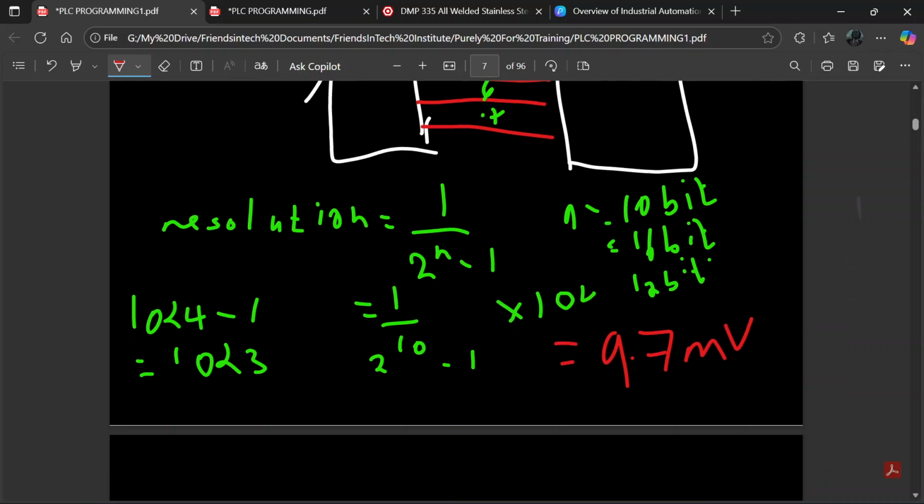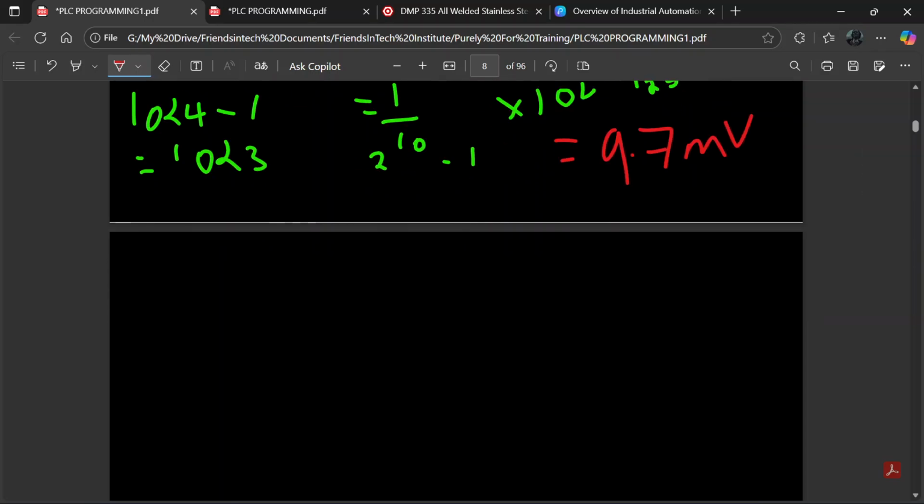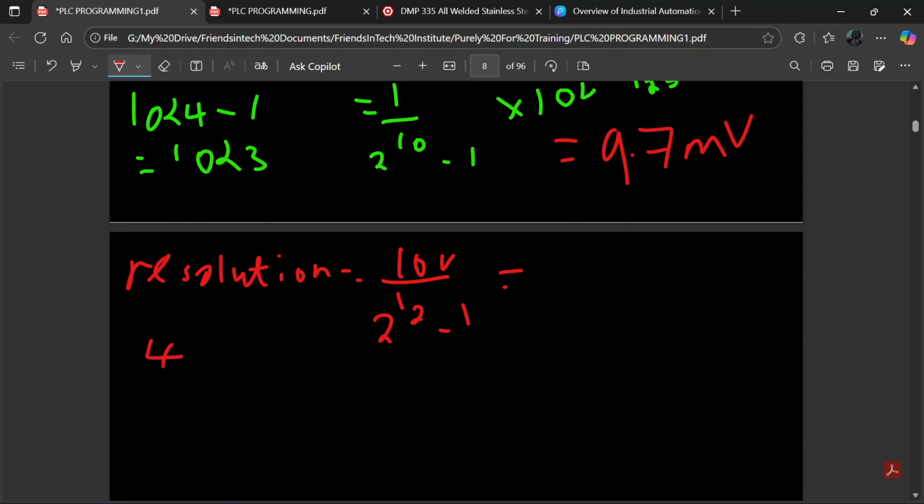What about a 12-bit ADC? For a 12-bit ADC, the resolution will be 10 volts divided by 2 raised to power 12 minus 1. 2 raised to power 12 is 4096 minus 1, that is 4095.